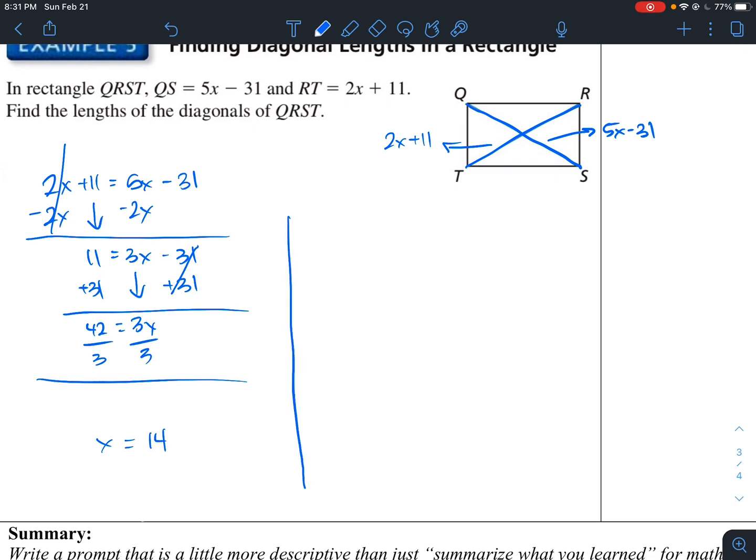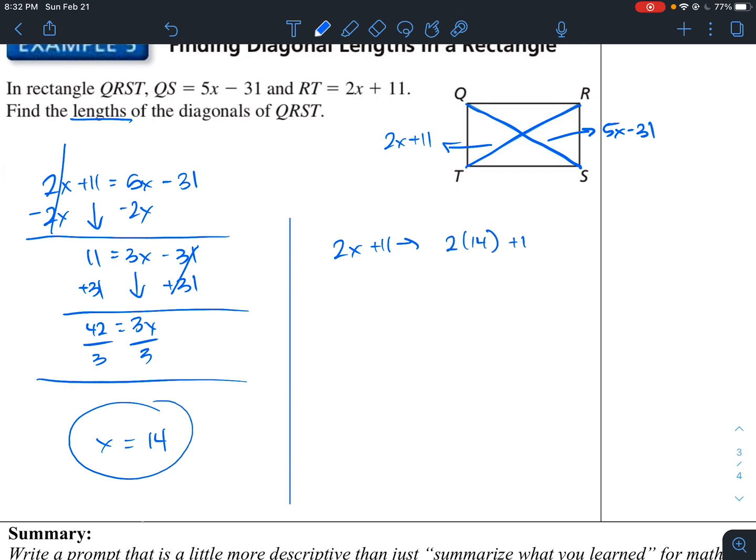Now, I didn't want to find the value of the variable. That's not what we're looking for. We want to find the lengths of the diagonals. So let me take 2x plus 11 and put in the x value. So then this becomes 2 times 14 plus 11. So that should be equal to 28 plus 11. And that's going to equal 39. So there's one length of diagonal.